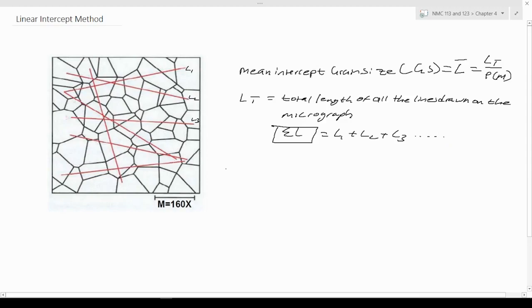And then P is the total number of grain boundaries crossed by the lines.